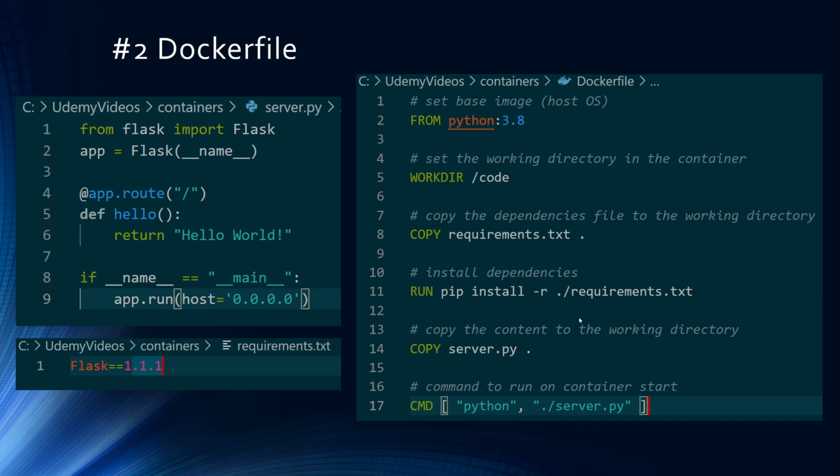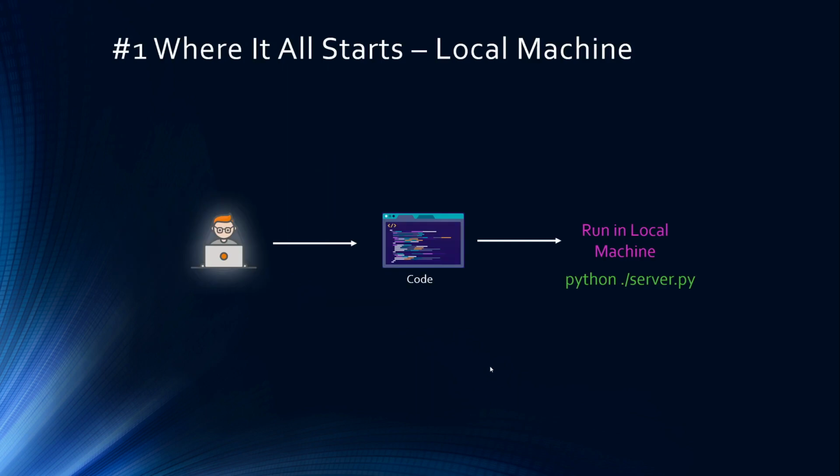And then it's going to copy the server.py, that's the name of the program, to this work directory as well. And finally, the CMD is the command that is going to run as soon as this container comes up. So remember, I told you to remember how we are running the code in the local machine.